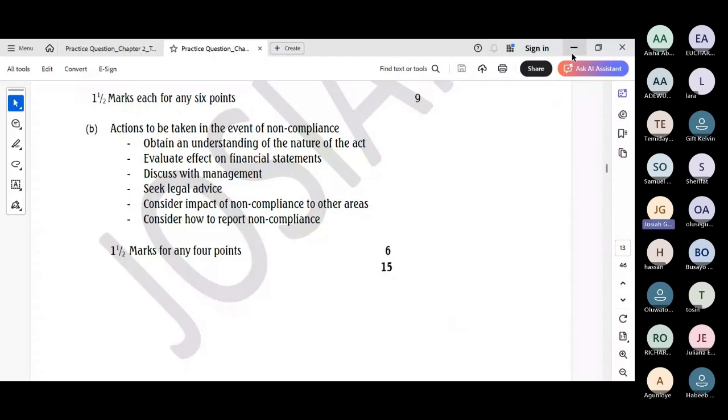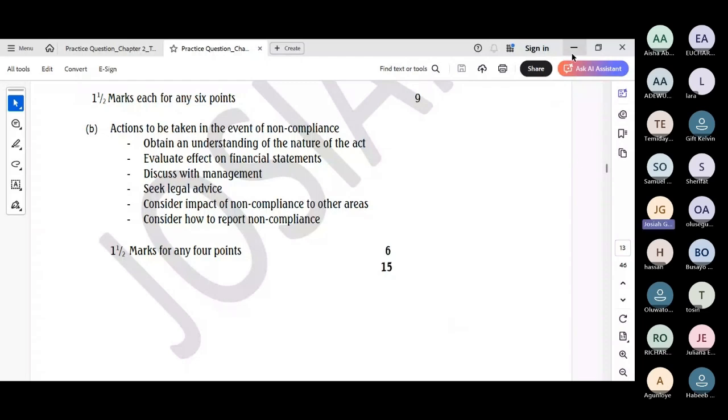Then consider the impact on the audit report if there is insufficient evidence. So if non-compliance cannot be confirmed or is not addressed, it may lead to limitation of scope or misstatement. Then look at also the impact on other audit areas. That means reassess risks, implications for internal control, and also management's integrity.